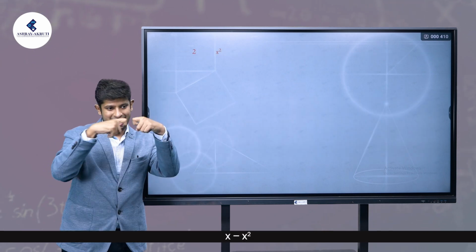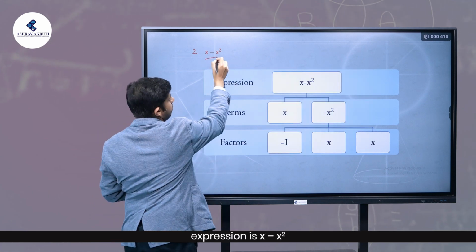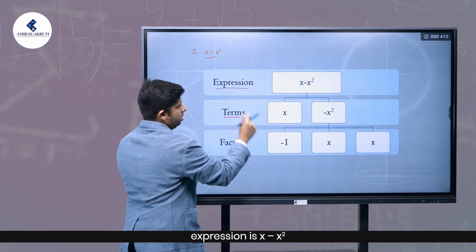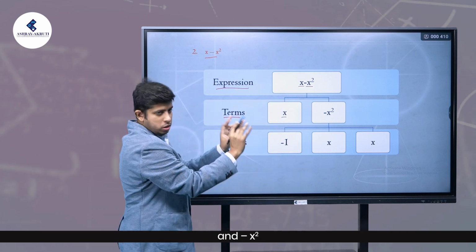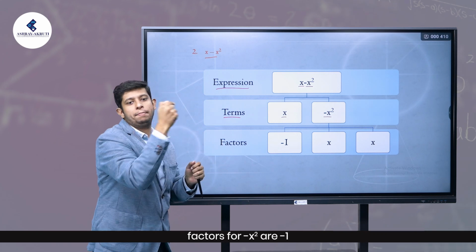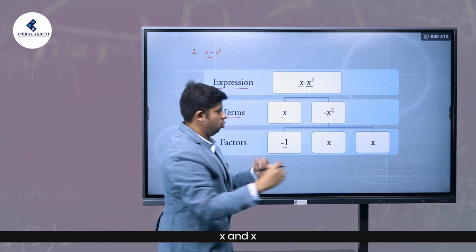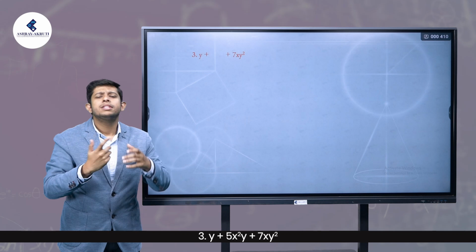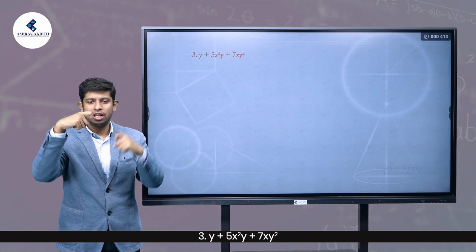Second one, x minus x square. Expression is x minus x square. Terms are x and minus x square. Factors for minus x square are minus 1, x and x. Third one, minus y plus 5x square y plus 7xy square.